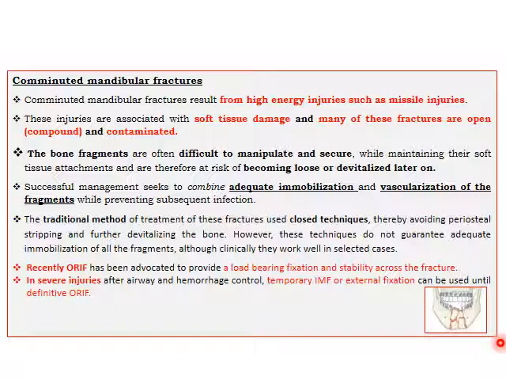So when there is such a cause, you have to expect this patient might have such type of fracture.